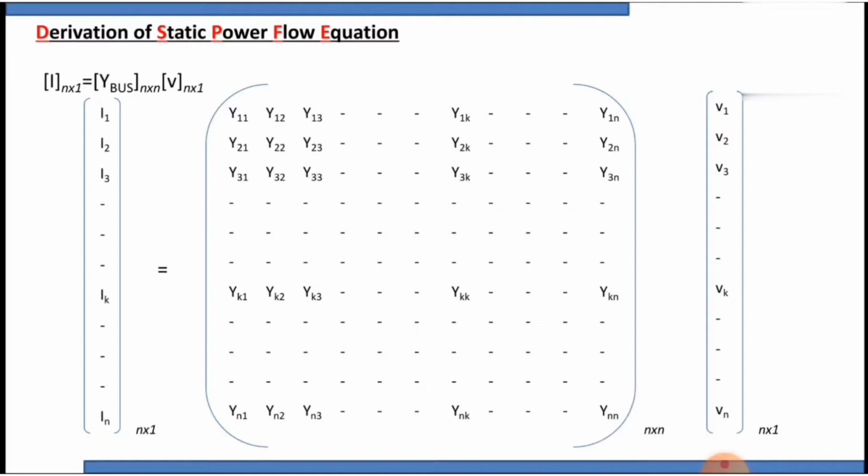I am considering the kth bus, that is the Ik value. I need to produce the value of Ik. The Ik value is obtained from this matrix multiplied by this particular voltage vector.